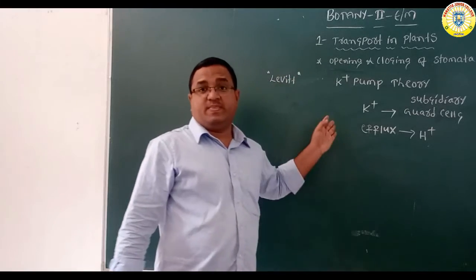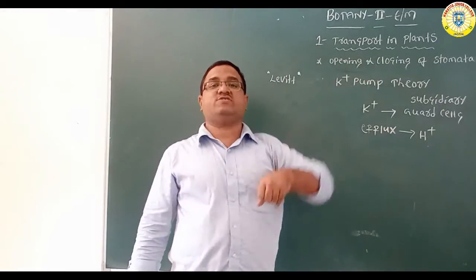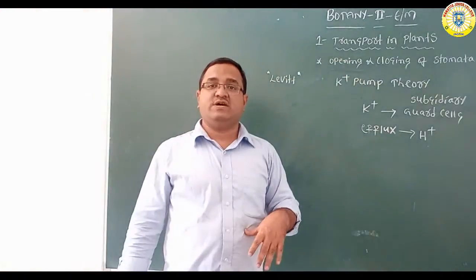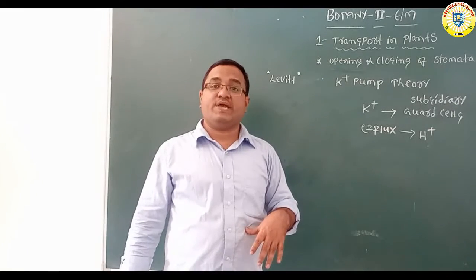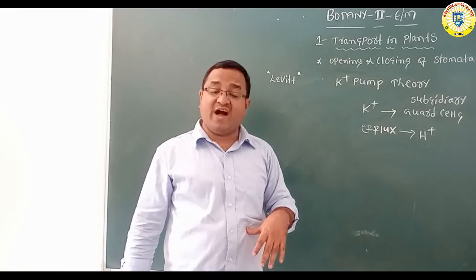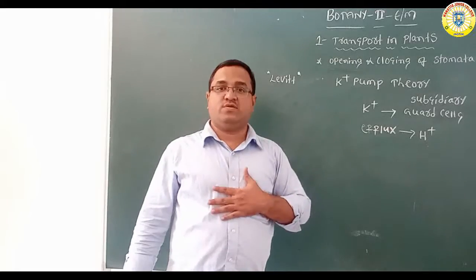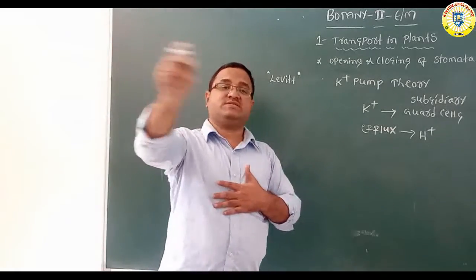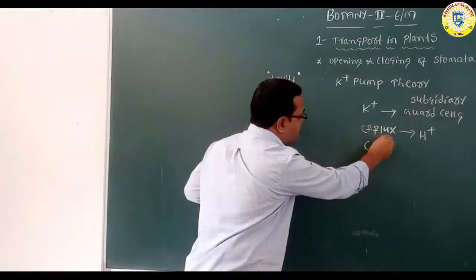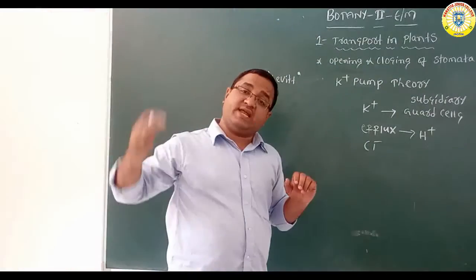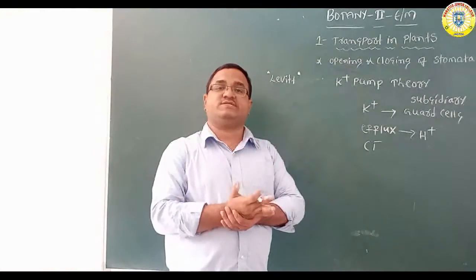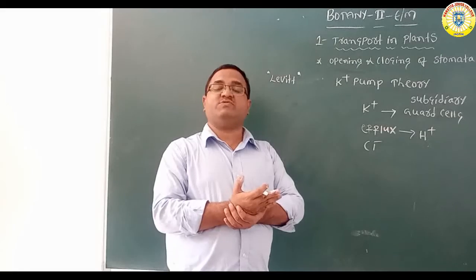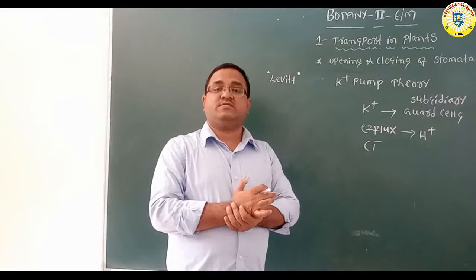The accumulation of K plus ions is also associated with passive influx, which means passive entry, of chloride ions. Not only K plus ions, Cl minus ions, which means chloride ions, can also enter into the guard cells passively. Passive movement means inactive movement.